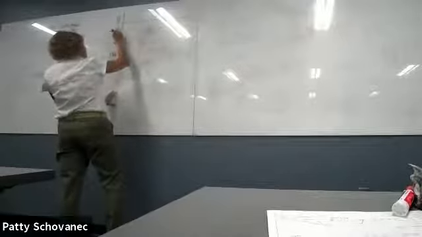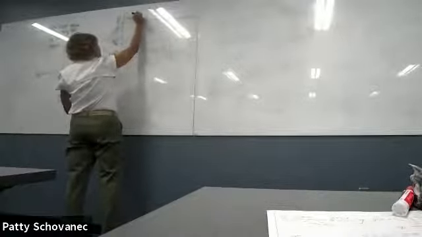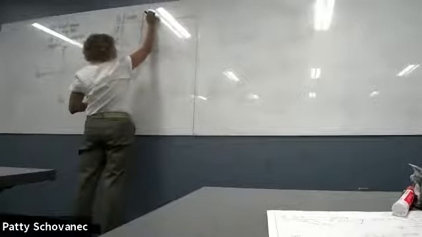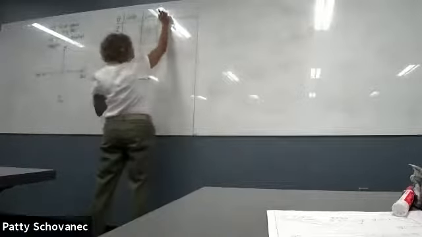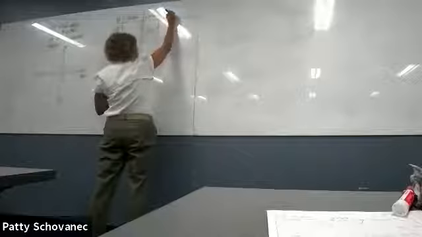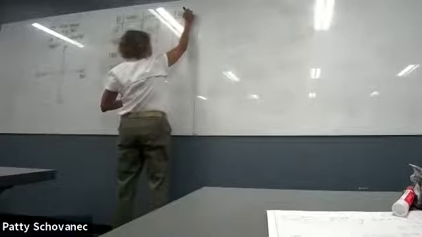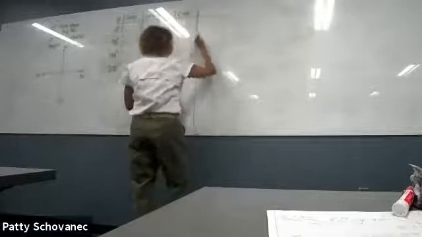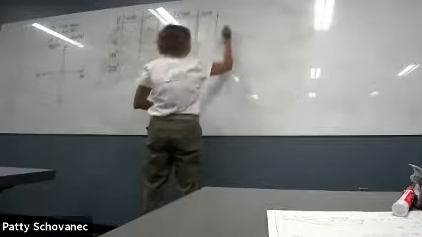Good gosh, I can't count. I want the sine of that angle theta. Cosine of that angle theta. Tangent, cosecant, secant, and then finally the cotangent.